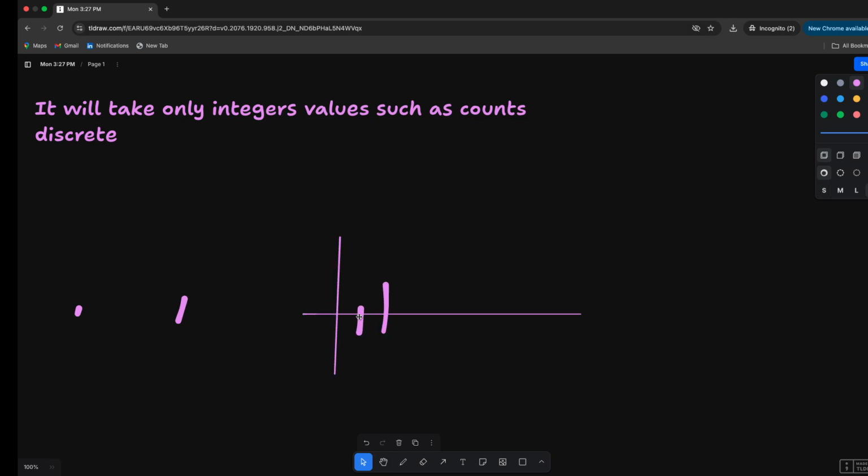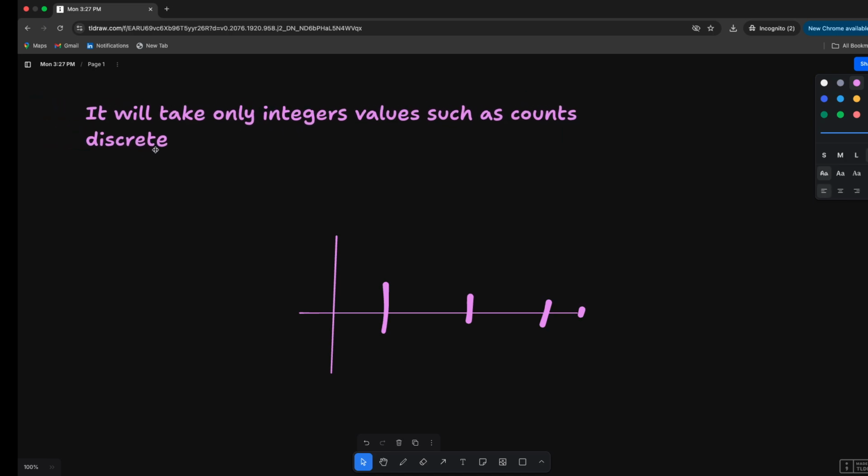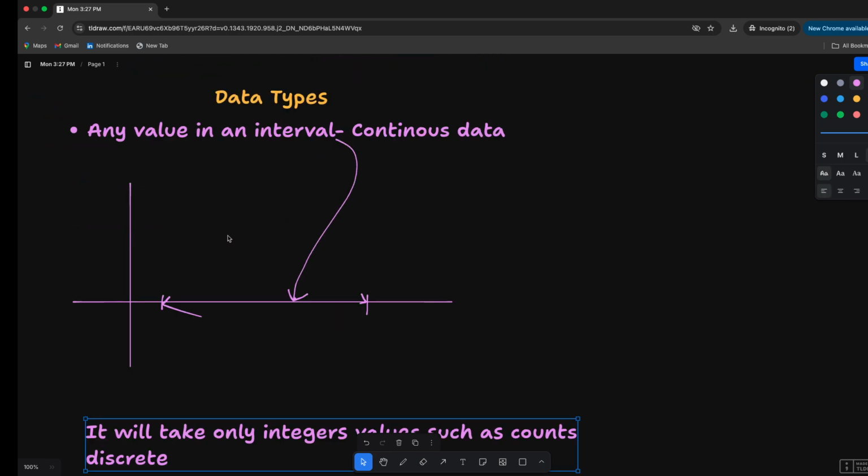This is one integer, this is another integer.